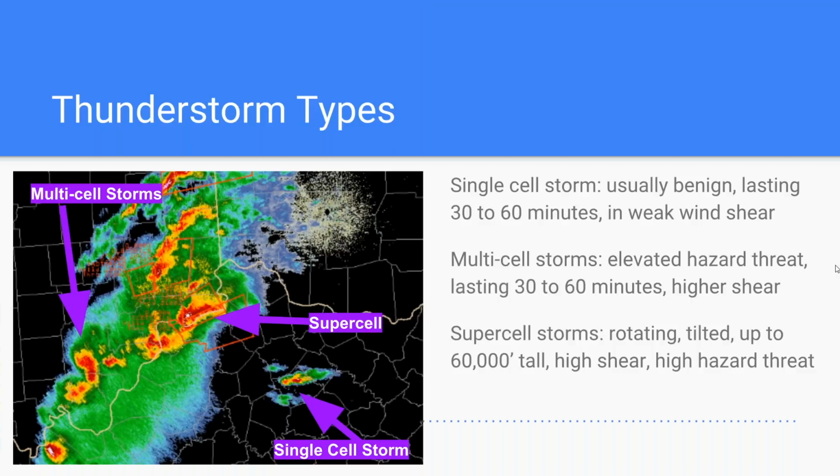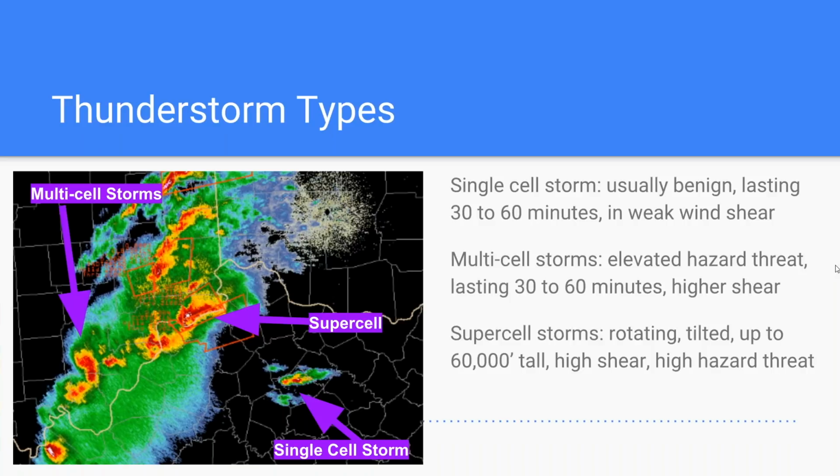Let's talk about some general thunderstorm types. There are 3 buckets that most thunderstorms fall into. You have a single cell storm, usually the lone wolf, usually benign, lasting about 30 to 60 minutes, although new storms may develop on the leading edge, the advancing front of a single cell storm. Same with the other thunderstorm types.